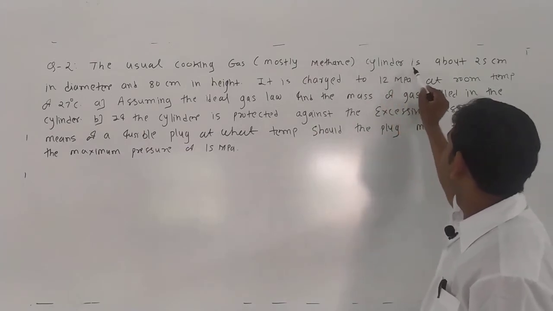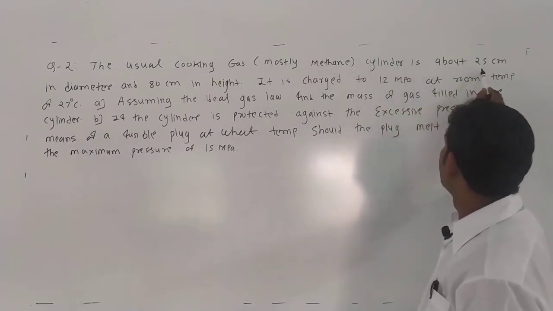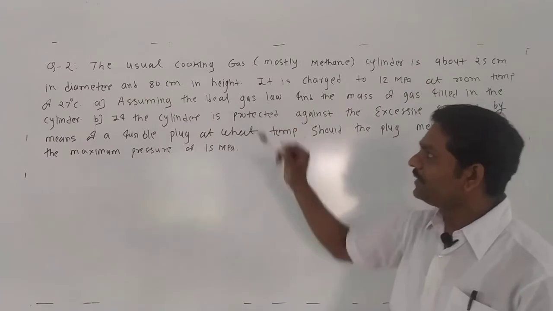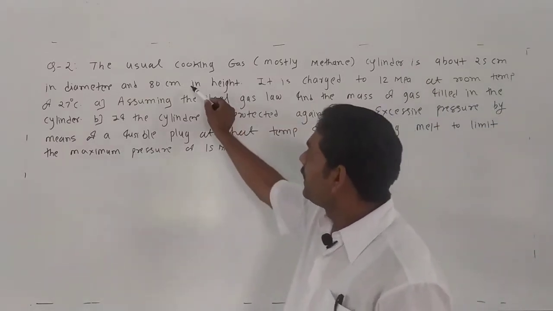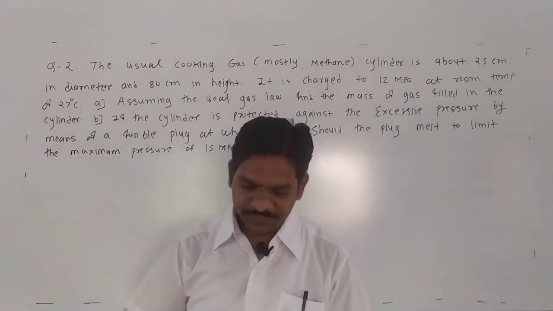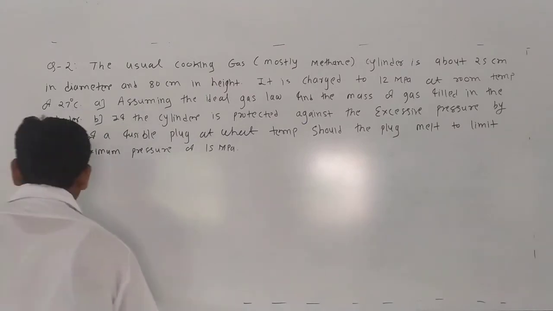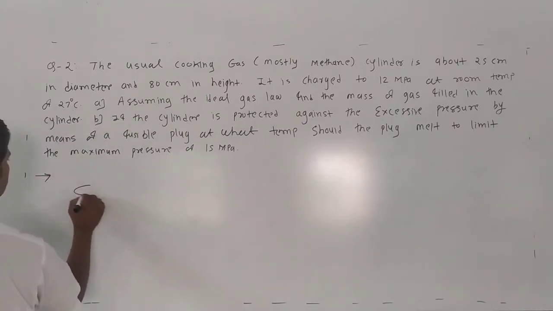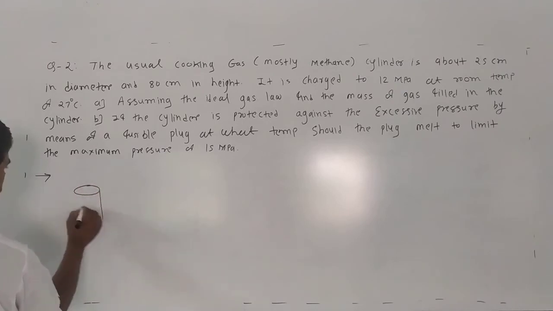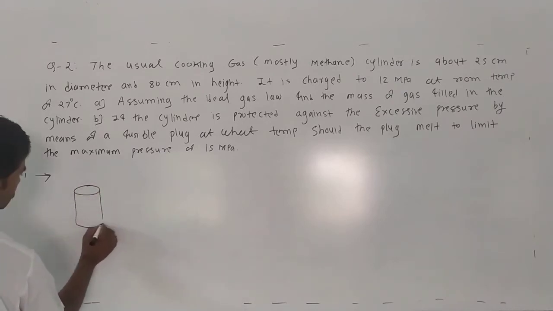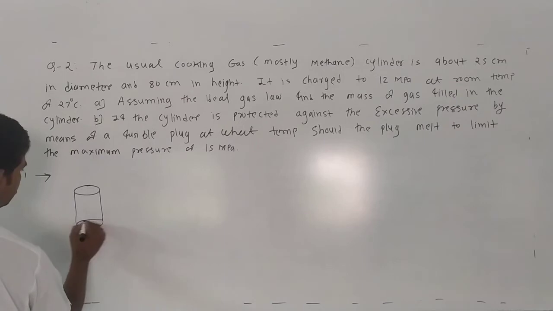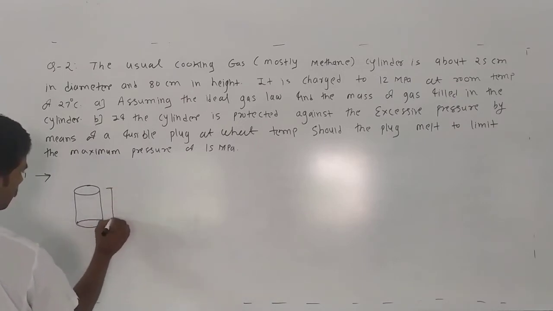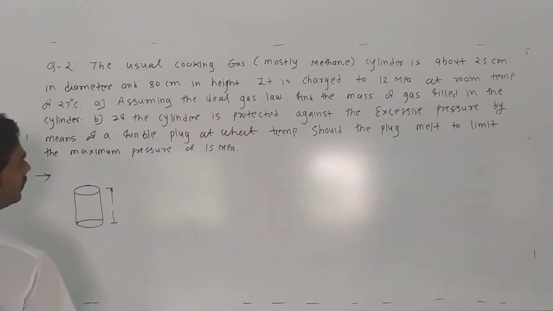Methane gas in a cylinder is about 25 centimeter in diameter and 80 centimeter in height. What is given? One cylinder is given. What is the height of this cylinder? The height of the cylinder is 80 centimeter.